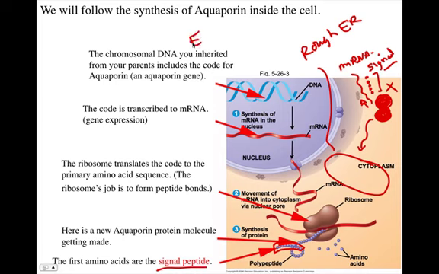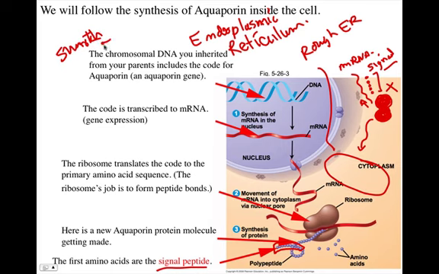Rough ER stands for endoplasmic reticulum, and there are two types in the cell. There's the rough ER and the smooth ER. We're talking about the rough ER right now, and the rough ER is an organelle.